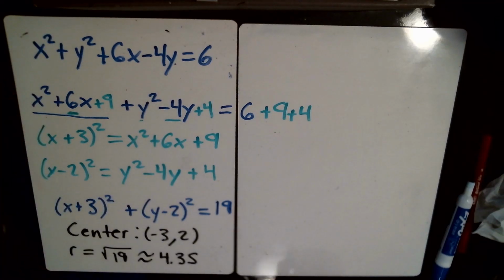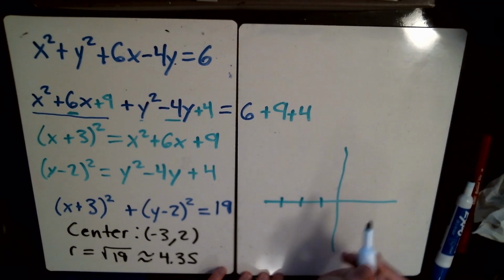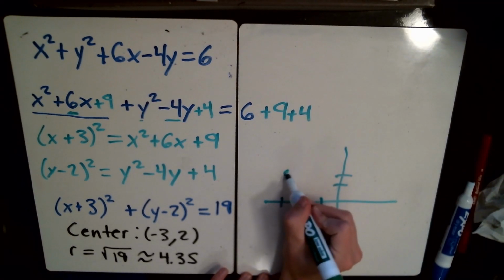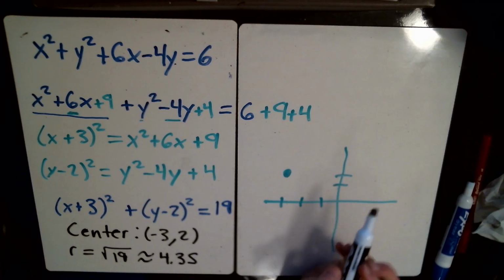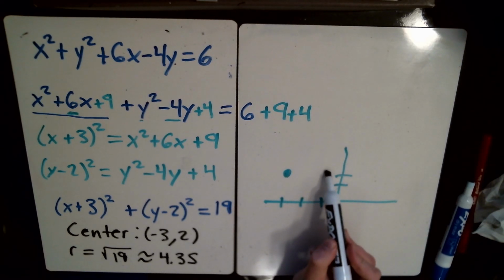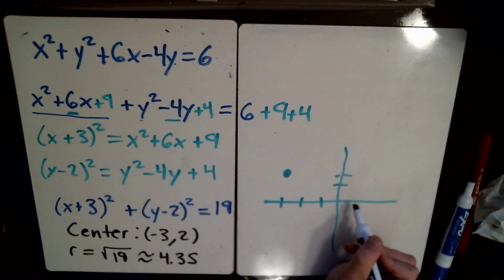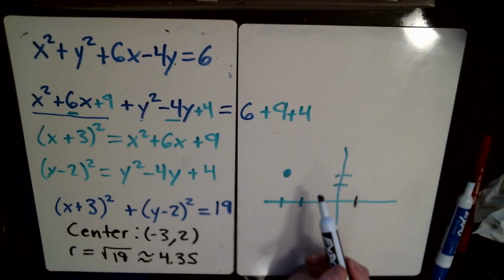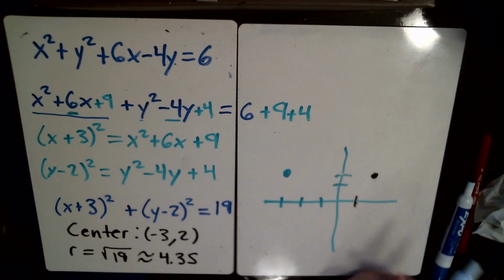So if I wanted to graph it, I'm just going to come over here and graph that. Our circle is at -3, so over there, and +2. So there's our center point, and then our radius is about 4.3. So I'm just going to estimate here that I'm going to go over 4.3 from the center: 1, 2, 3, and then 4, and then a little bit more, so somewhere out there.